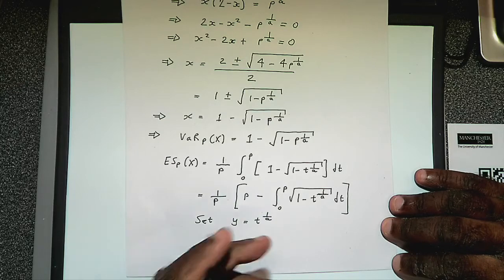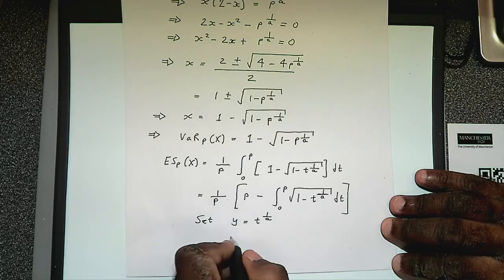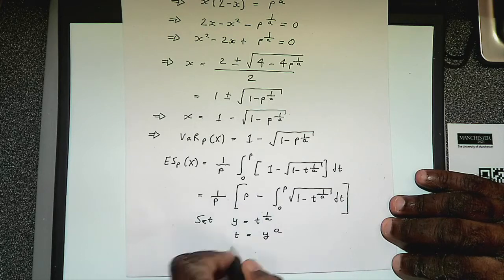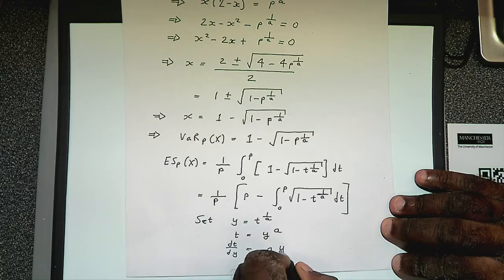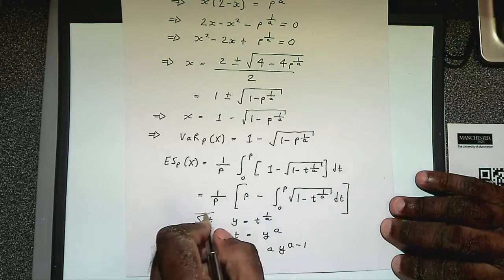We can try other substitutions too, but I'm just trying to figure out if it's going to work or not. So if this is the case, then t will be equal to y to the power a, dt by dy will be a times y to the power a minus 1. All right, so let me put this in a box.